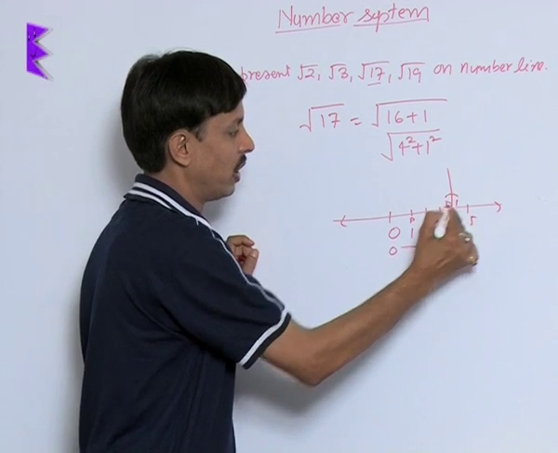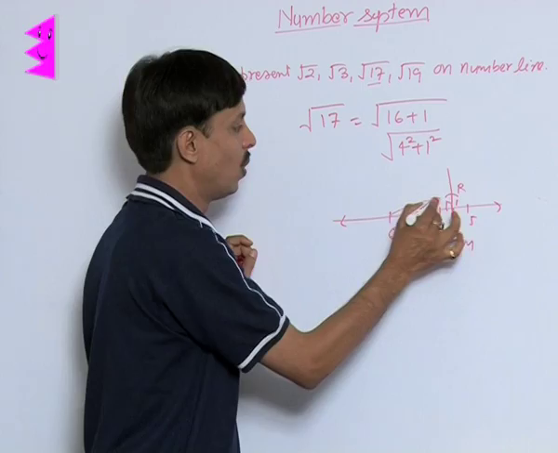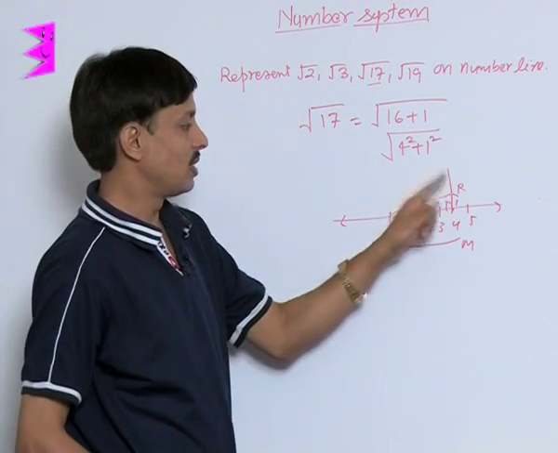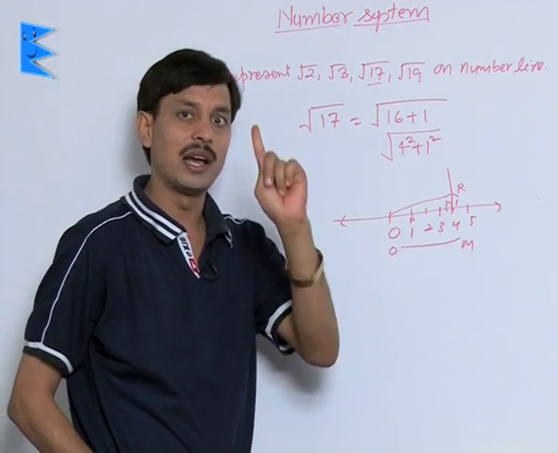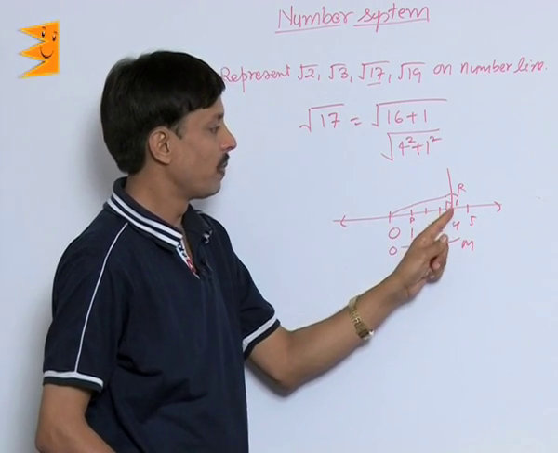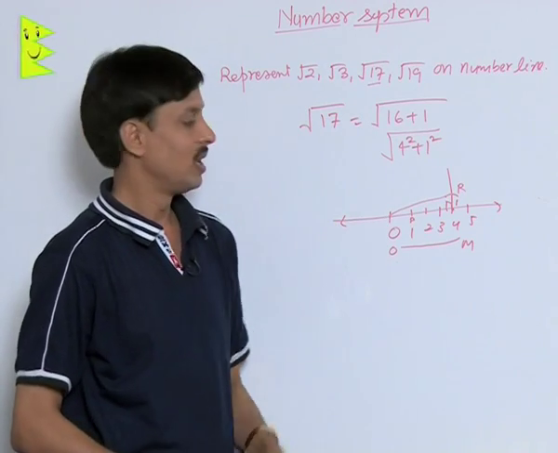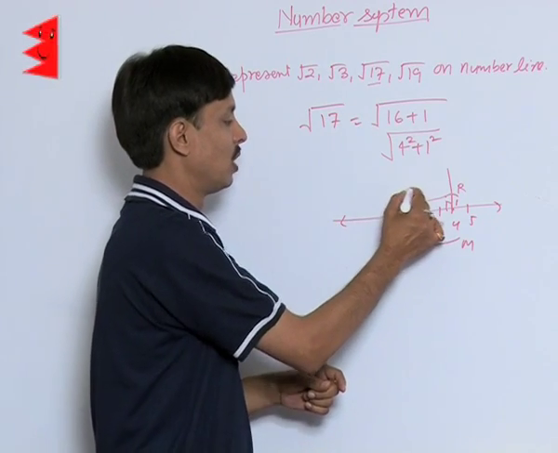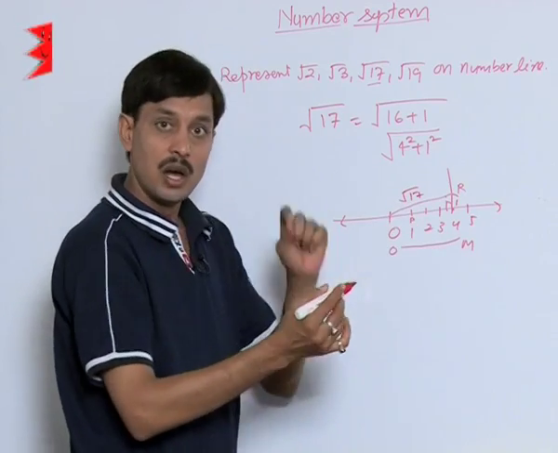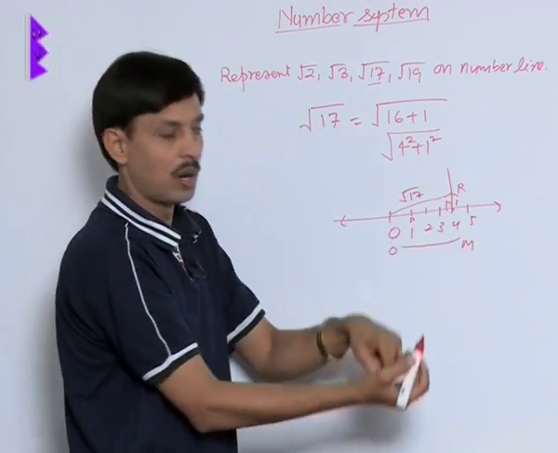Cut here 1 unit and join that point, suppose R, to this O. So OR is the hypotenuse of that right angled triangle whose base is 4 and perpendicular is 1. So automatically the hypotenuse will be root of 17.